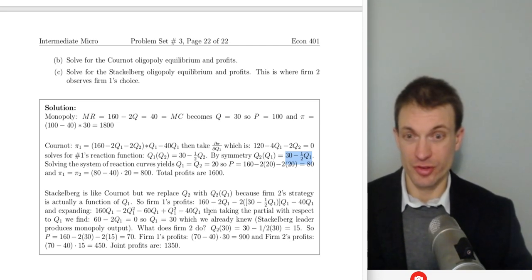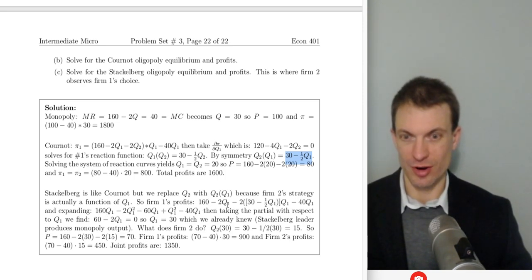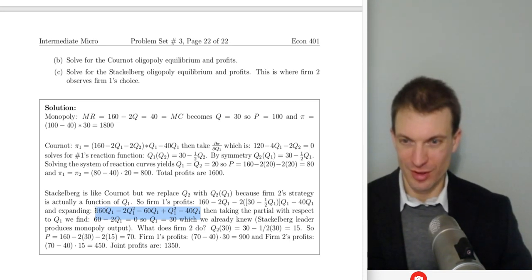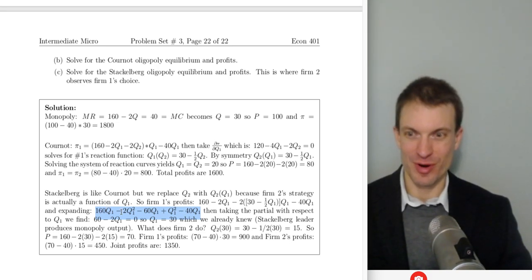All right. So then what I'm going to do is I'll distribute and then expand. So I'll get 160Q1, right? This is distributing this to here, minus 2Q1 squared, minus 60Q1, plus, well, this minus 2 times minus 1/2 is plus 1 Q1 squared, minus 40Q1. So this is really nice to clean up because 160 minus 60 is 100, minus 40 is 60.